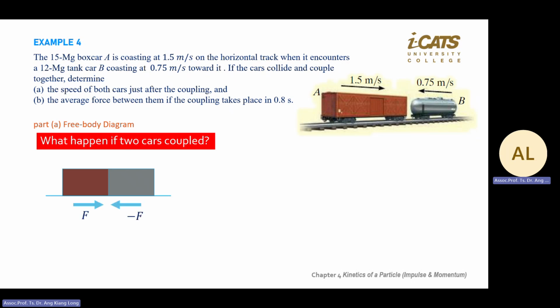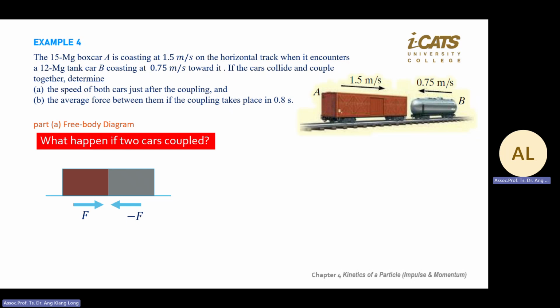However, the force is a bit different. So you need to identify your direction, your positive direction. In this case, we will look at the diagram, 1.5 meter per second and 0.75. I will recommend always use the higher value of velocity as your positive direction.